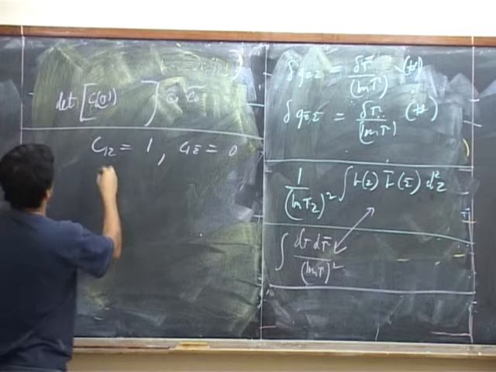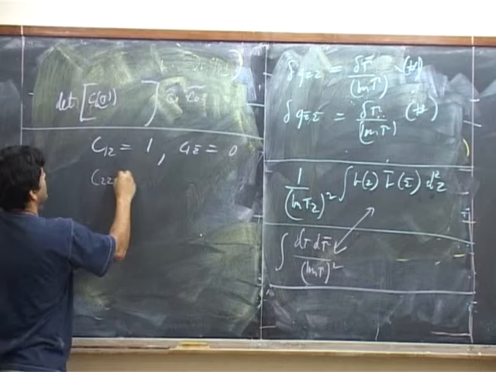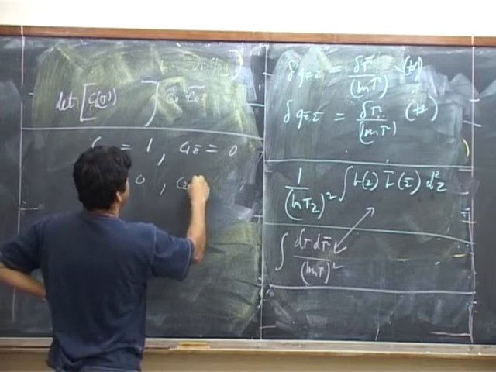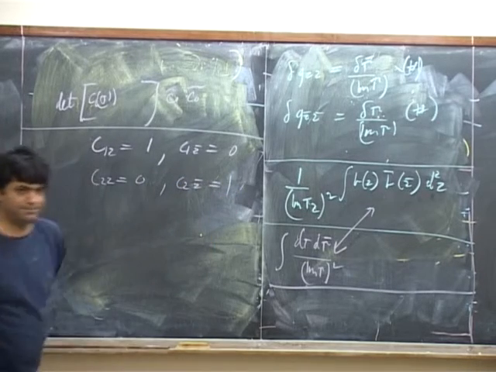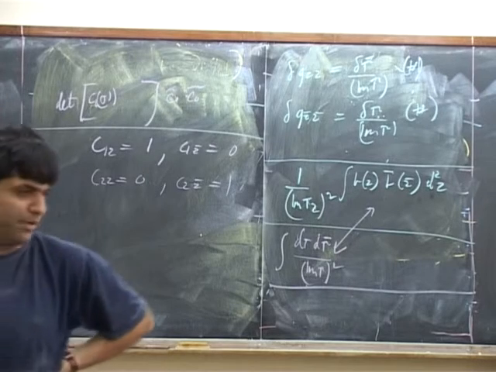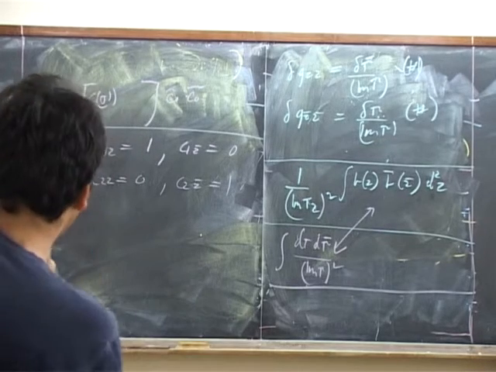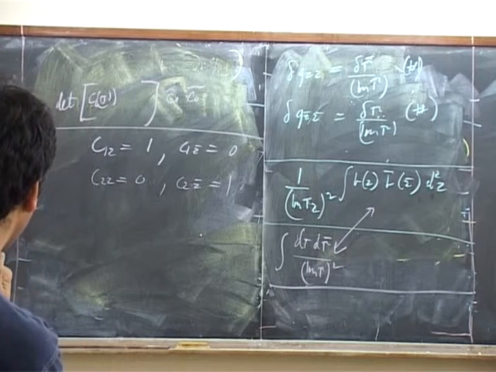Okay, and C2z equals 0, C2z bar equals 1. Something purely in the holomorphic direction, or something purely in the anti-holomorphic direction.